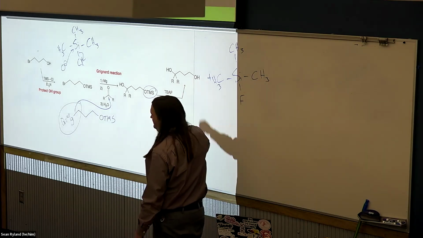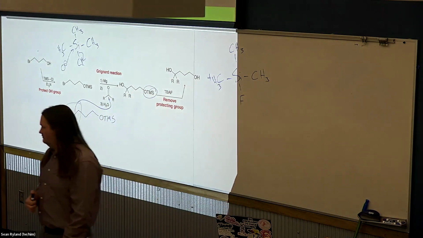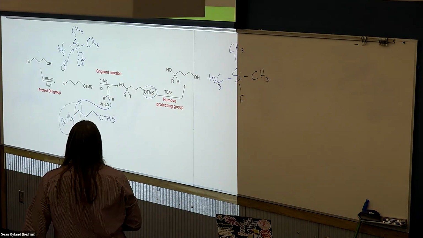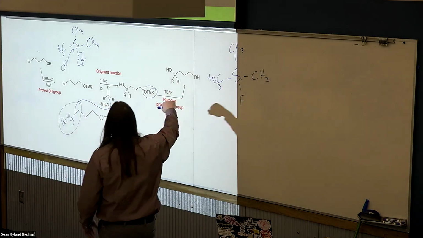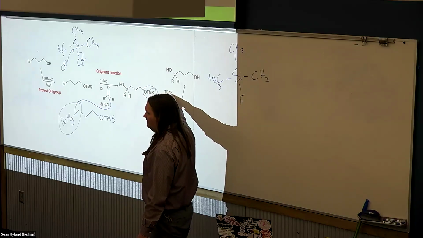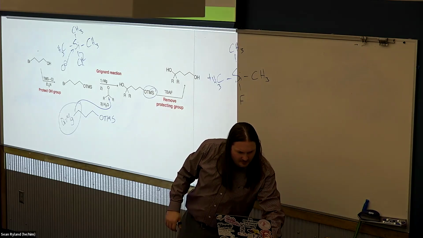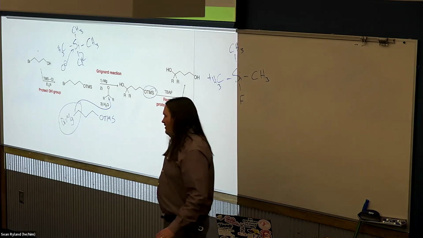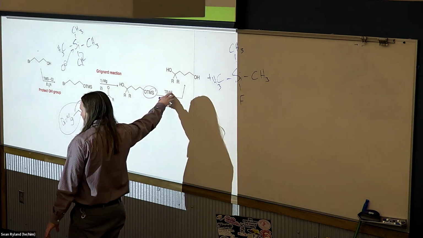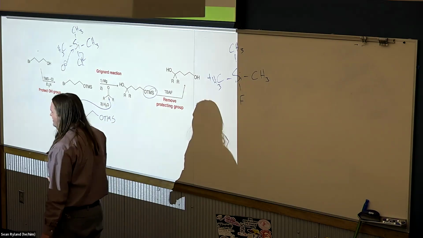And that turns it back to being an oxygen. That's what TBAF makes. TBAF is a tetrabutyl ammonium fluoride. Basically, something that's not going to react with a fluoride. And then the fluoride is what comes in.